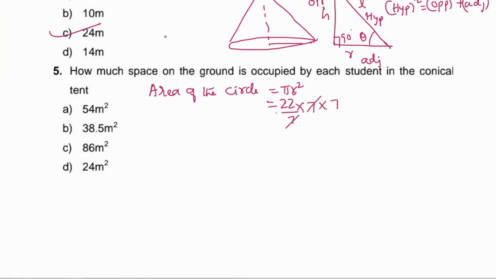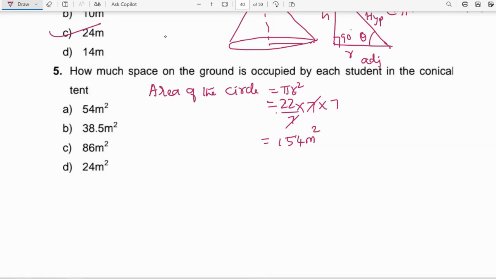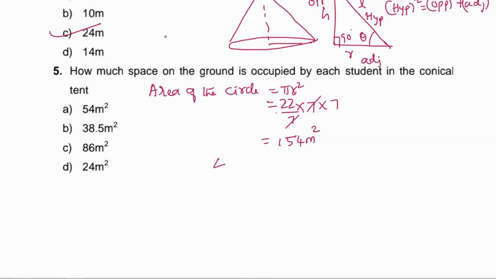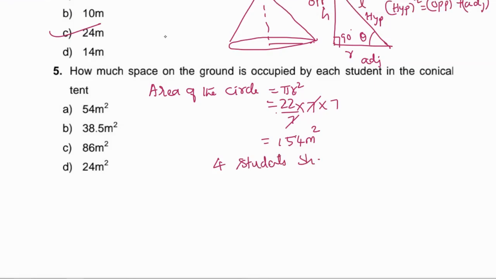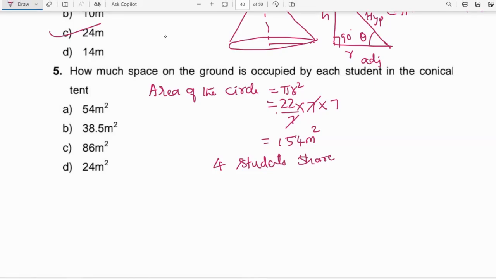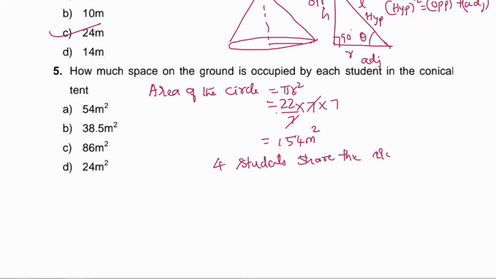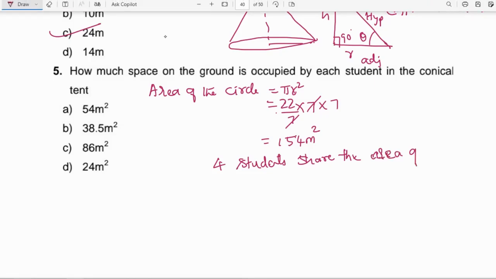So 7 get cancelled, you get 154 meter square. Now there are 4 students in each tent. The 4 students share the area of circle.